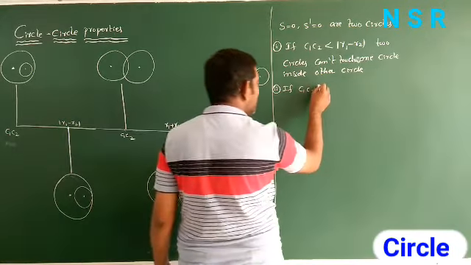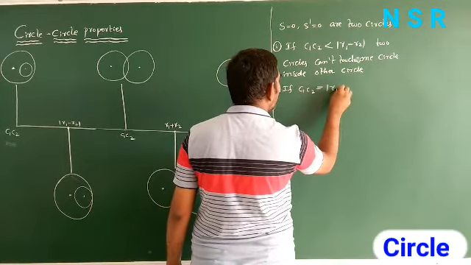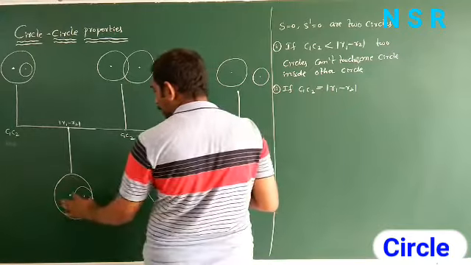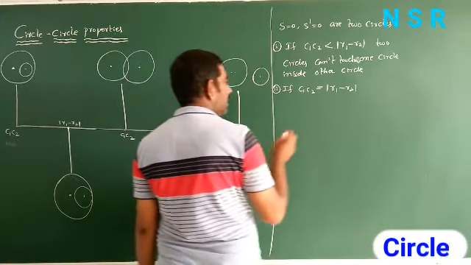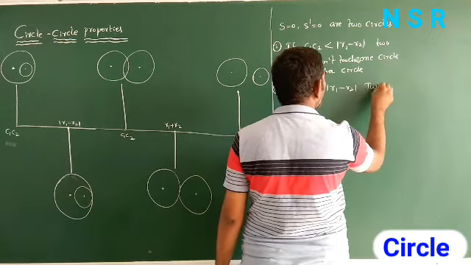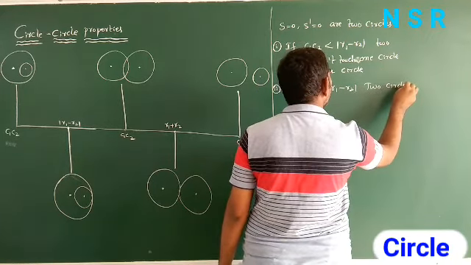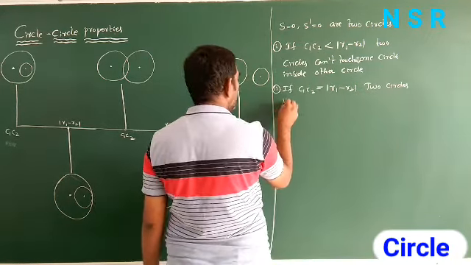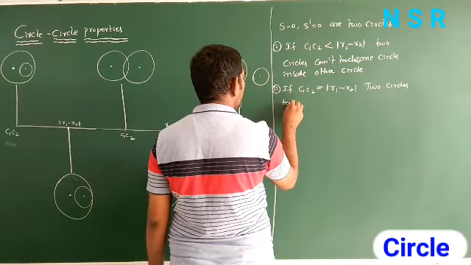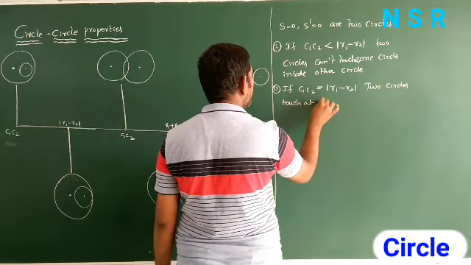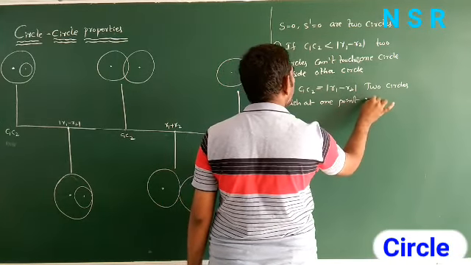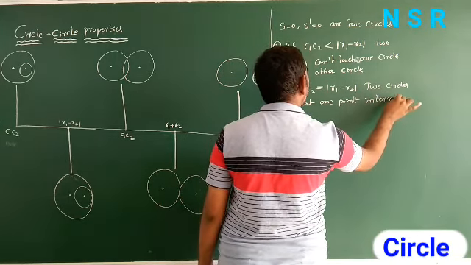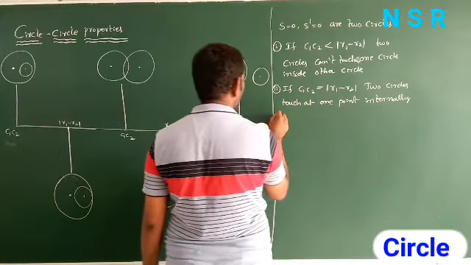If C1 C2 is equal to mod R1 minus R2, one circle touches the other circle internally. So here the two circles touch at one point internally. So this is the second property.